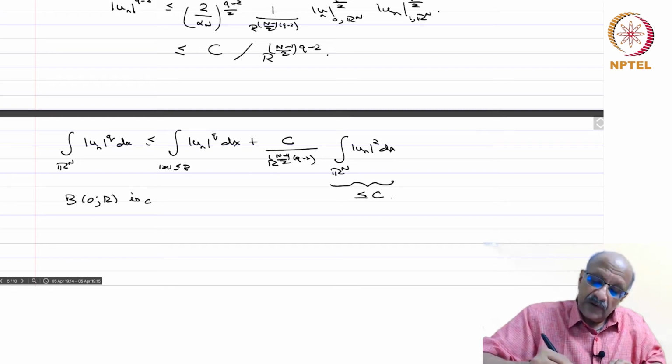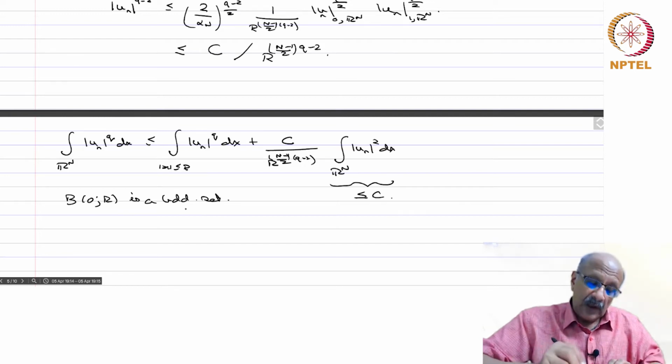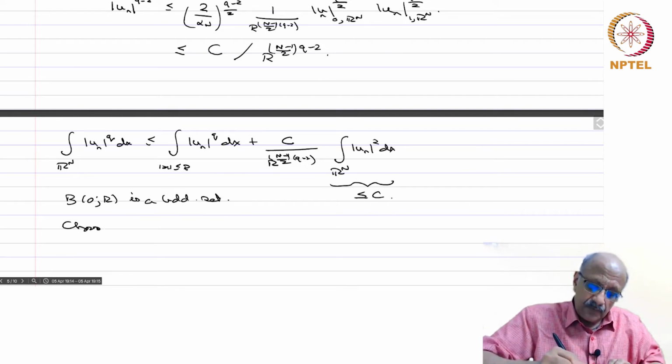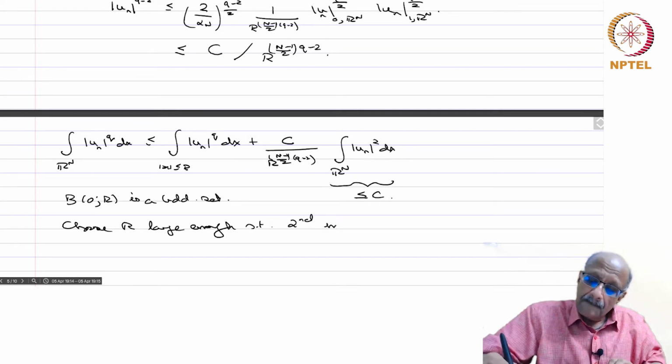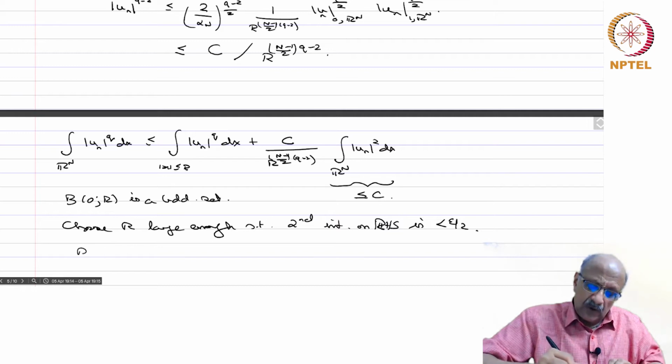Now B0R is a bounded set. So choose R large enough such that the second integral on the right-hand side is less than epsilon by 2. Now B0R is a bounded set.